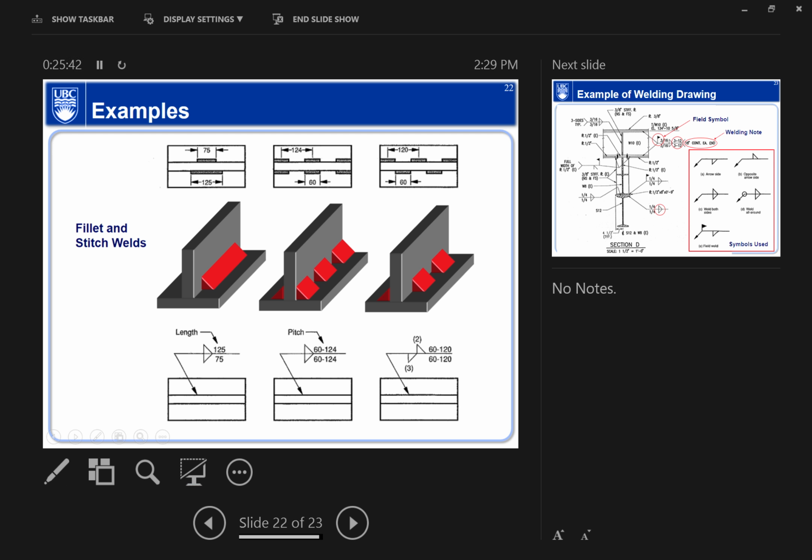It's hard to say here, but sometimes you save material, sometimes you save cost, whatever. Here this is just a simple illustration of how to match the specification to the type of weld.